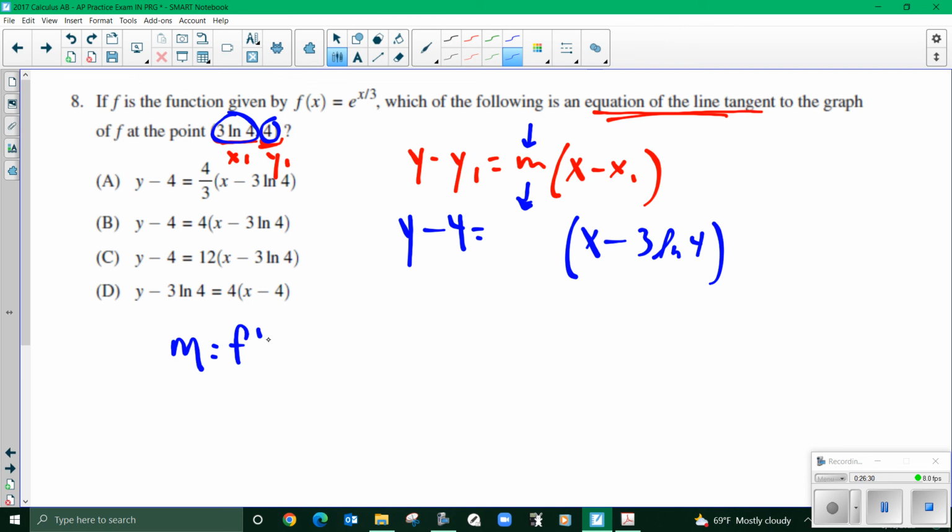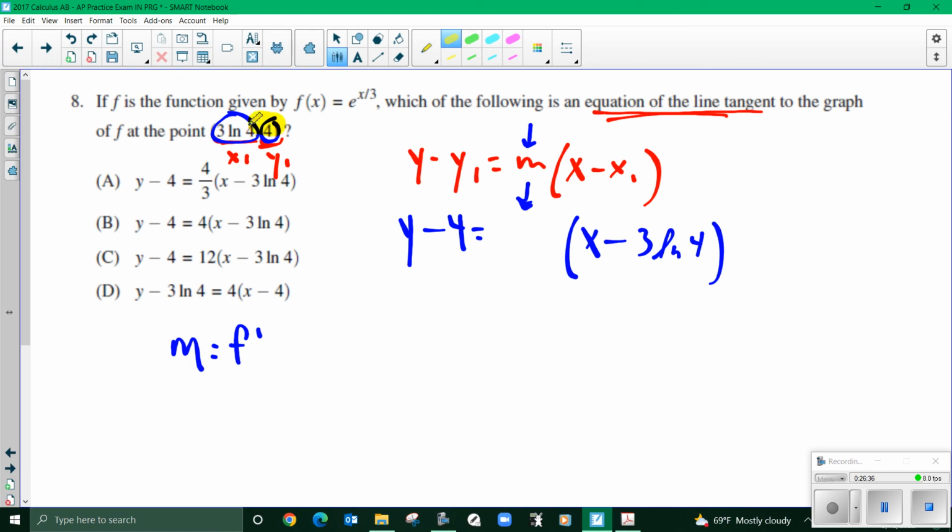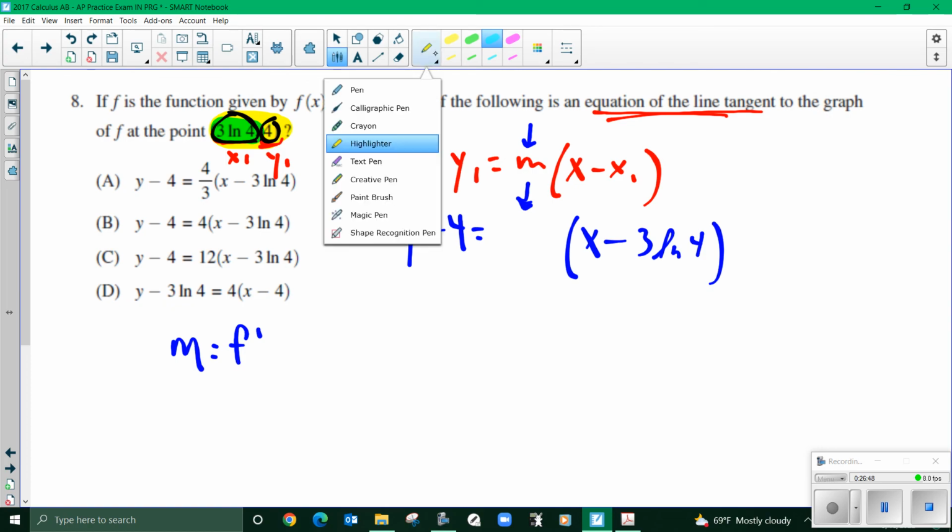So not only do I want the derivative, which is my slope, but I want my derivative at this point right here, which means I need to use this x value in my derivative to find the actual numeric value of the derivative, or slope.